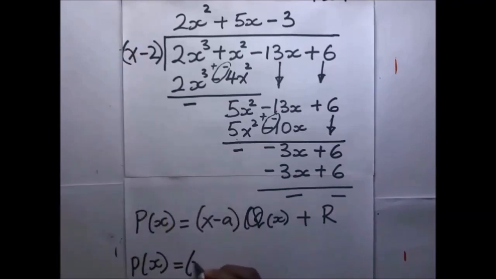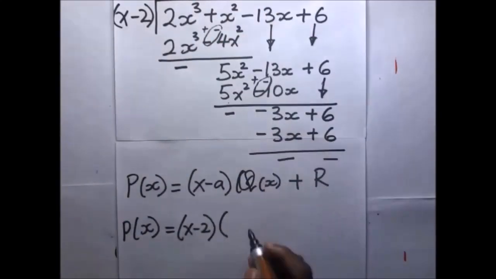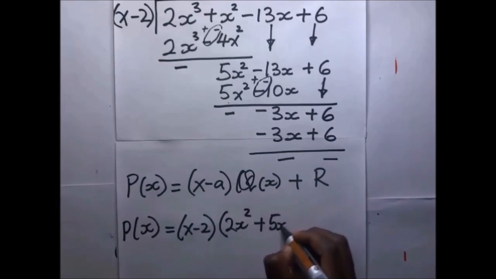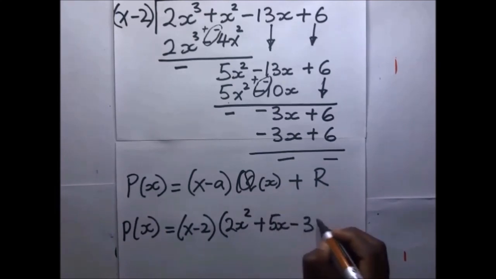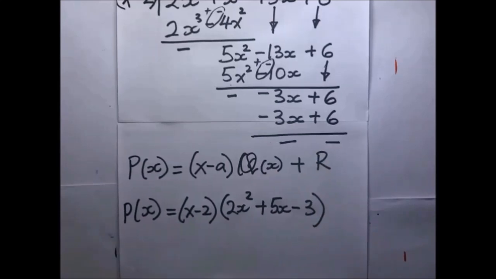We have x minus 2. Multiply that by the quotient, which is 2x squared plus 5x minus 3. Now the remainder is 0 plus r. Our r is 0 because these are factors, so even if we don't include it.